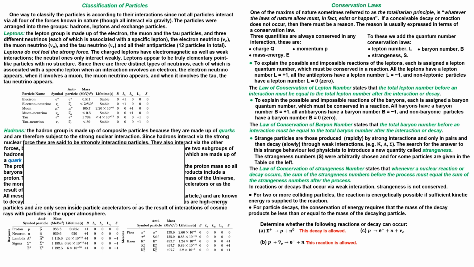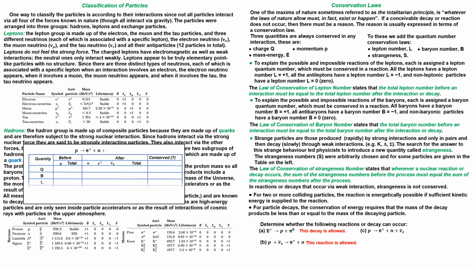Let's see another example. The net charge is zero before and after the decay, so the charge is conserved. The baryon number is 1 before and after the decay, so the baryon number is conserved. The lepton number is 0 before and minus 2 after the decay, so the lepton number is not conserved.